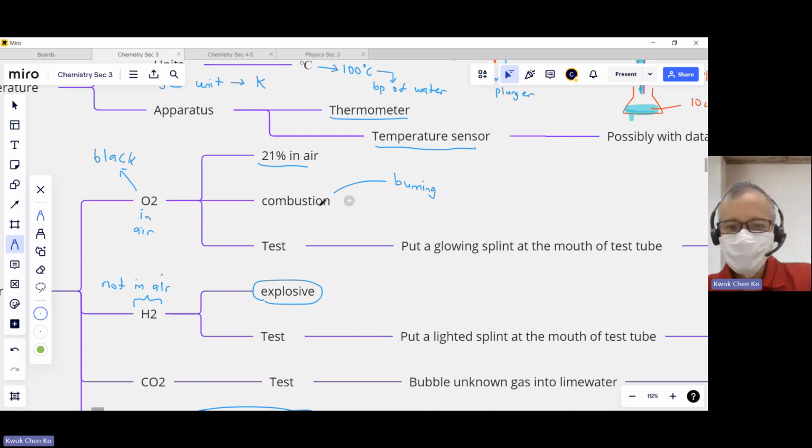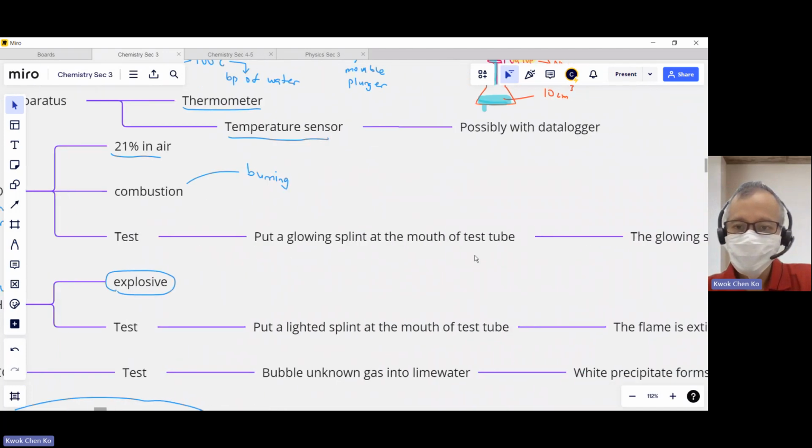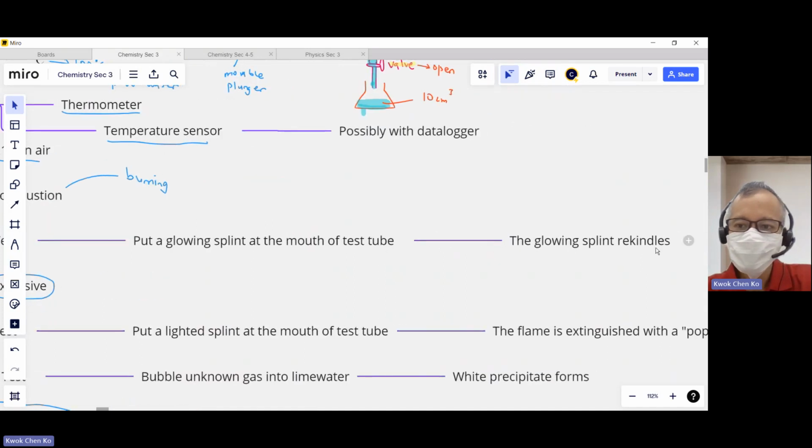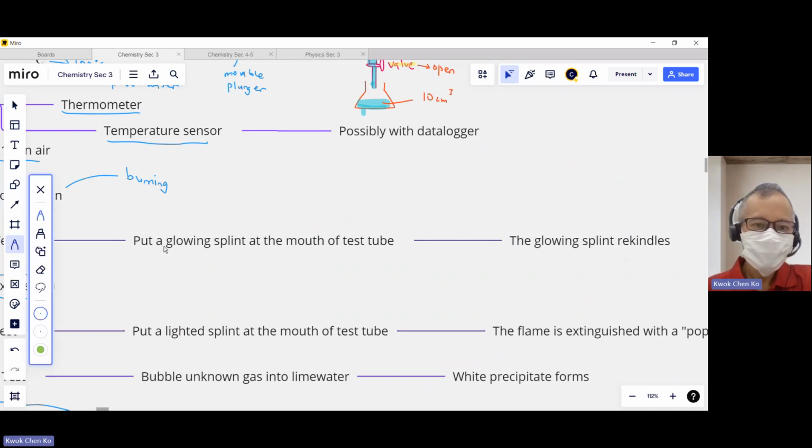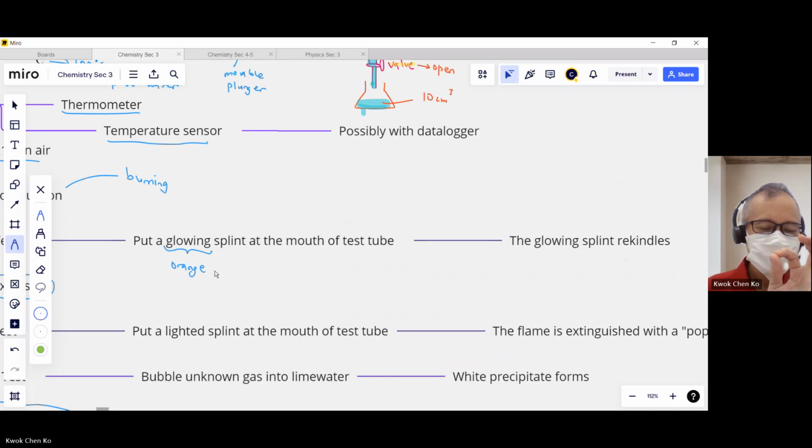There's a test for O2 as well. This is based on the secondary school syllabus. Put a glowing splint at the mouth of a test tube, and the glowing splint rekindles or relights itself. Just to be sure, what's the difference? Glowing, you see this orange glow, whereas rekindles means you see it bursting into a flame.